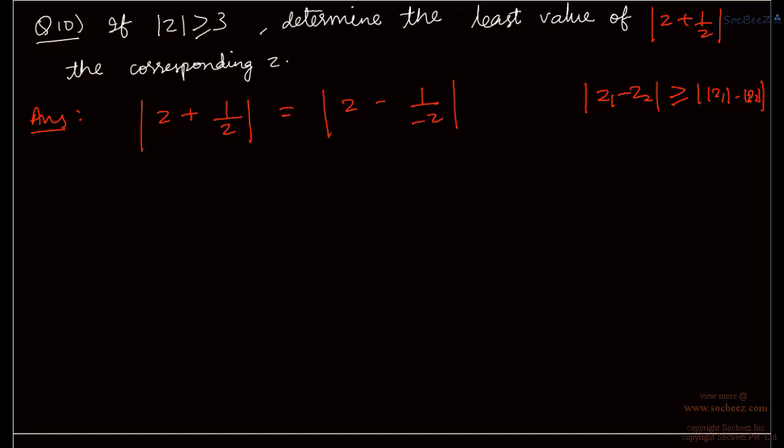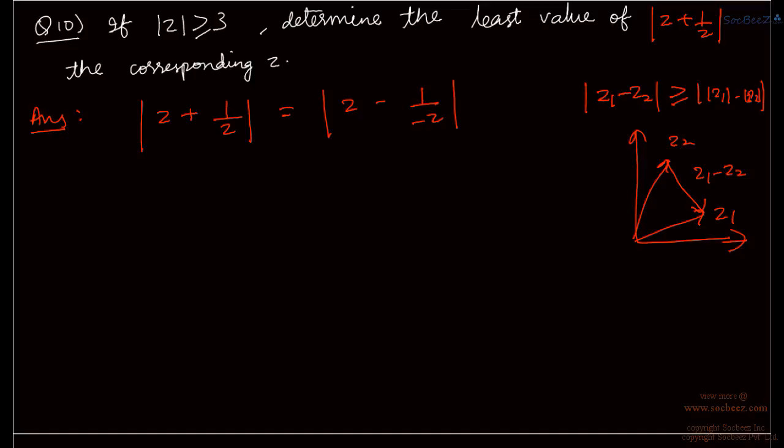Suppose z1 and z2 are two sides of the triangle. The third side will be z1 minus z2, so that z2 plus z1 minus z2 gives me z1 back, right?